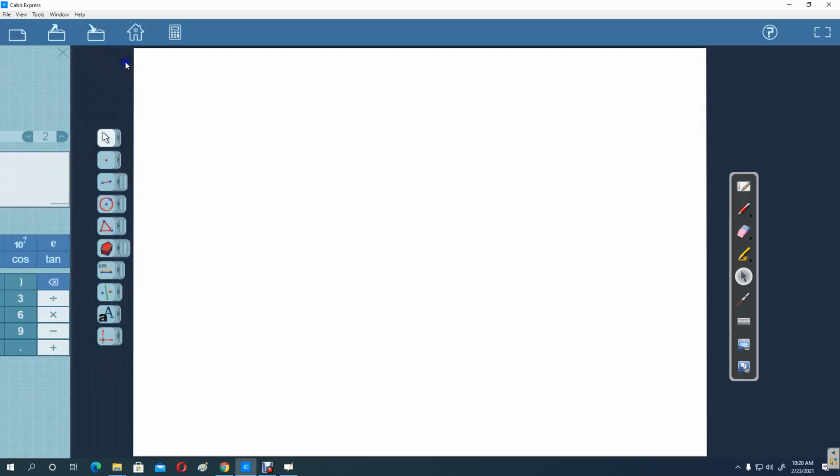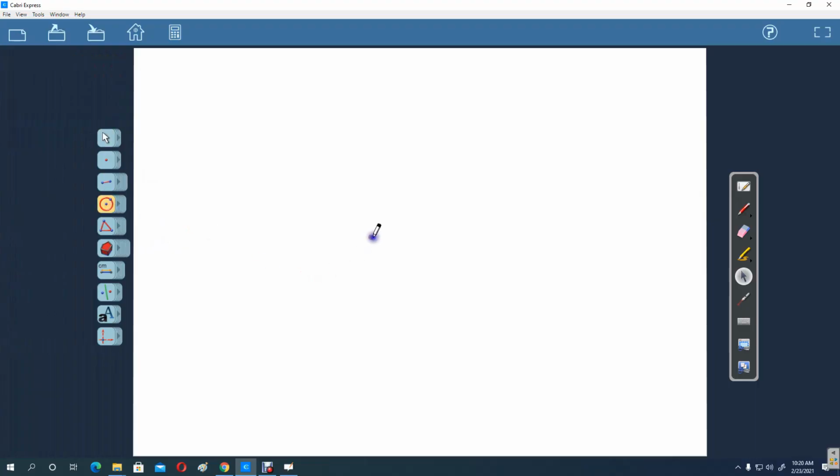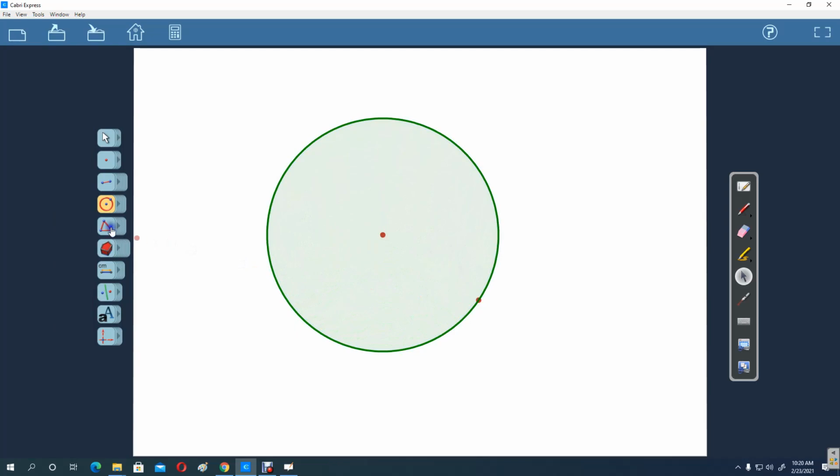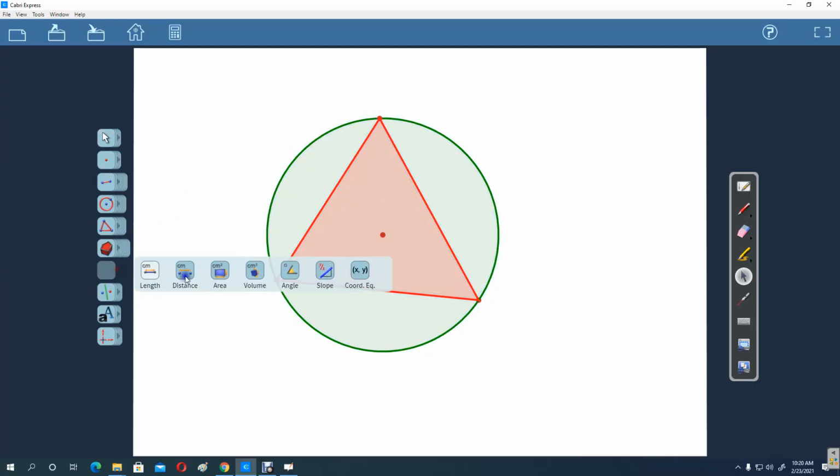So I'm going to draw back this circle here. All right, here's my circle. And now I want a triangle. So I'm going to draw that triangle on the circle. Very good. Here we go. That's nice. And I'm going to measure this angle up here. Now, the size of that angle is 61 degrees.